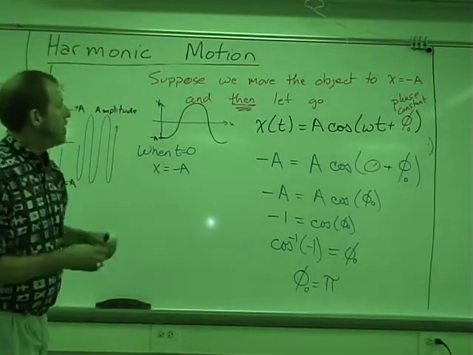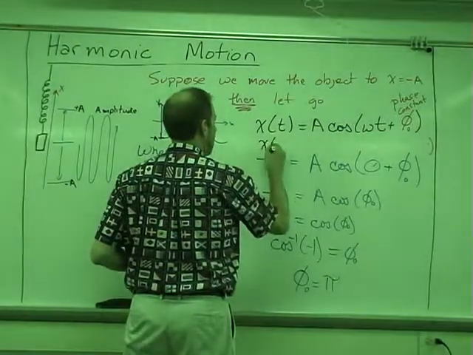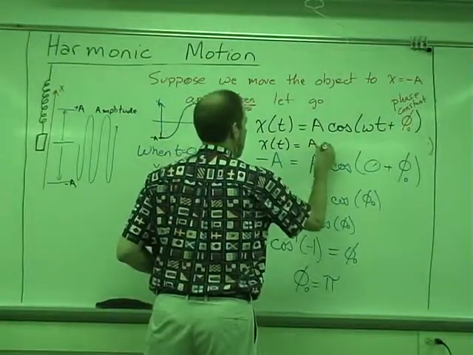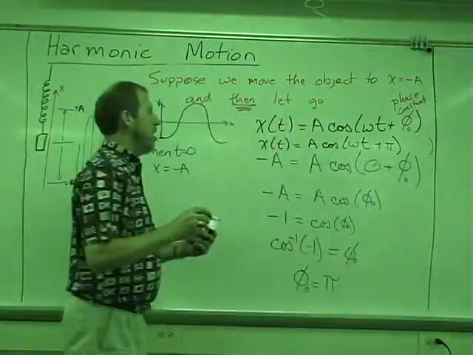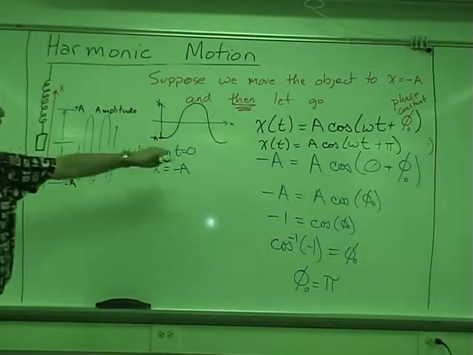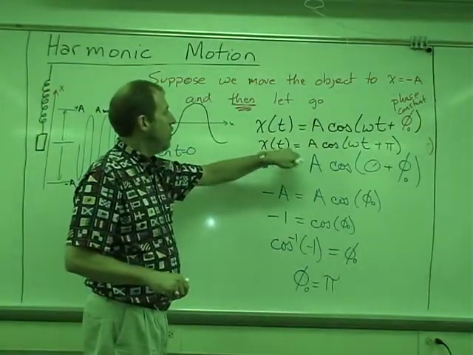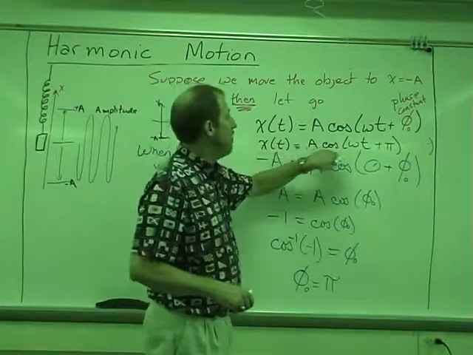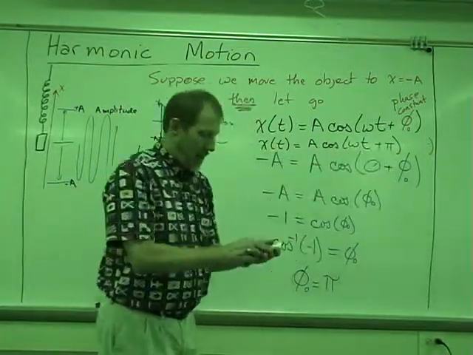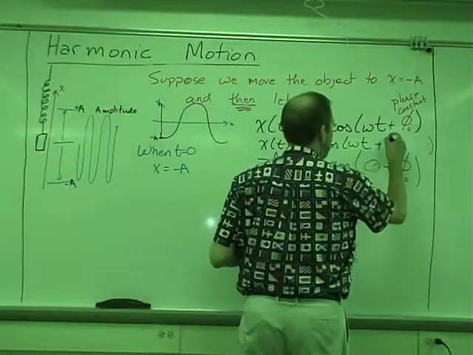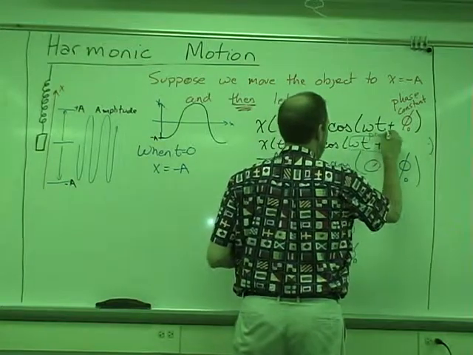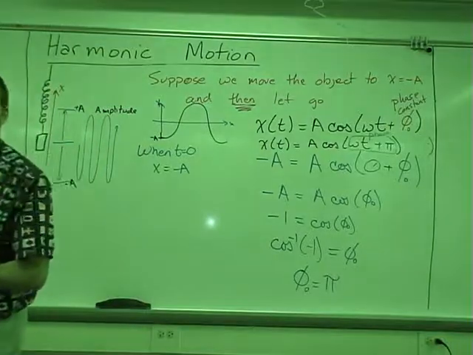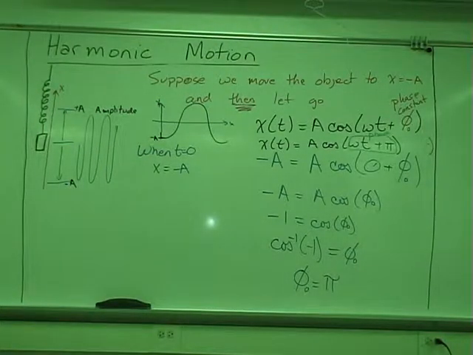So the correct equation for this, the position as a function of time, is equal to the amplitude A times the cosine of omega t plus pi. And because this is the term inside the parentheses, the phase at this instant is equal to omega t plus pi.